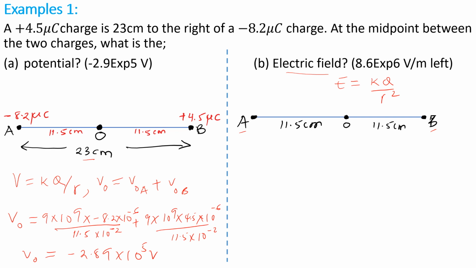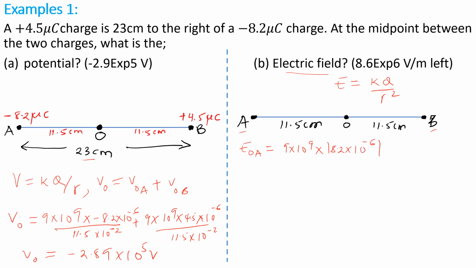Since the field at O is due to the two charges, we have to get the E at O due to A, which is going to be 9 times 10 to the power 9, that constant K, times the charge placed at A, which is given in the question as 8.2 times 10 to the power negative 6.